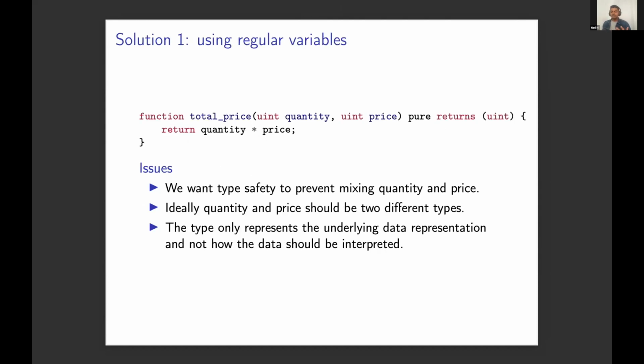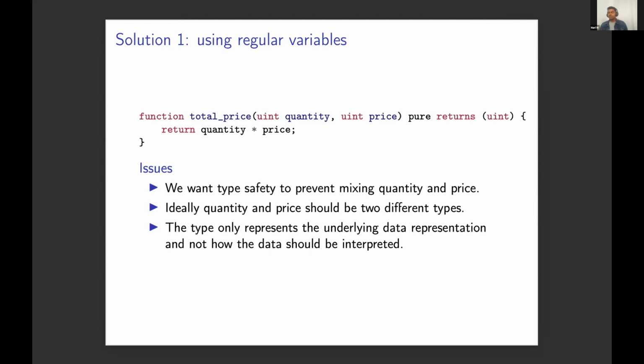the very first solution for this is the following. You write a function, which is total price, that takes two unsigned integers, here quantity and price, and then you multiply them. It's very simple and perfectly valid code. But what is the problem here? The problem is that you can notice that the price and quantity are supposed to be two different things.